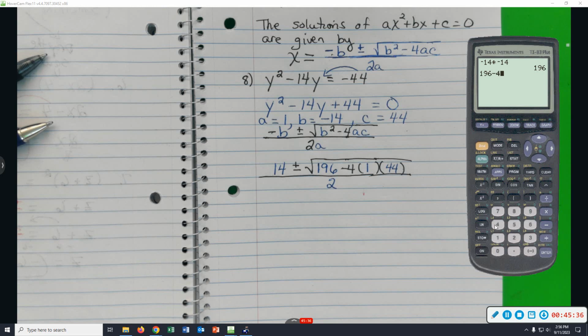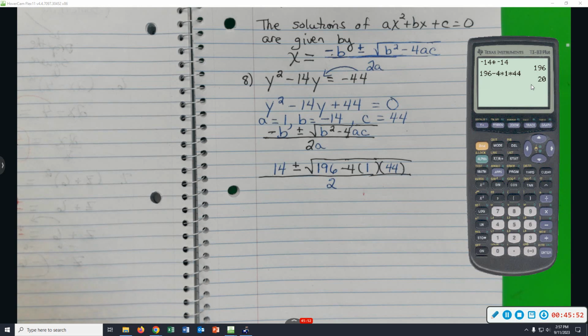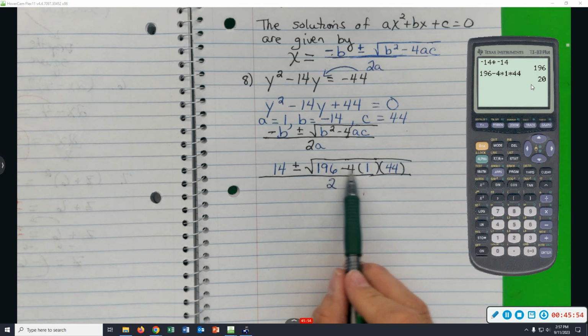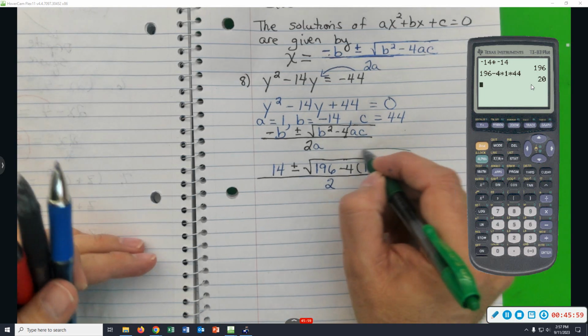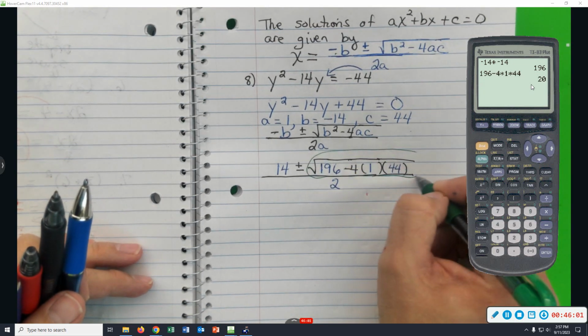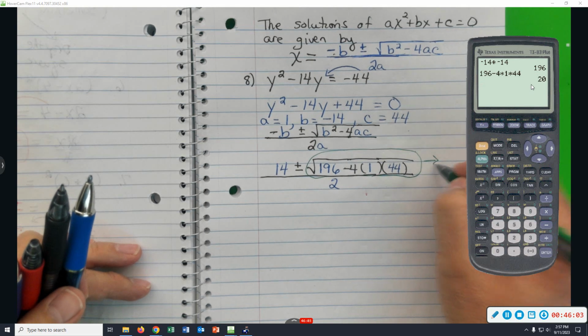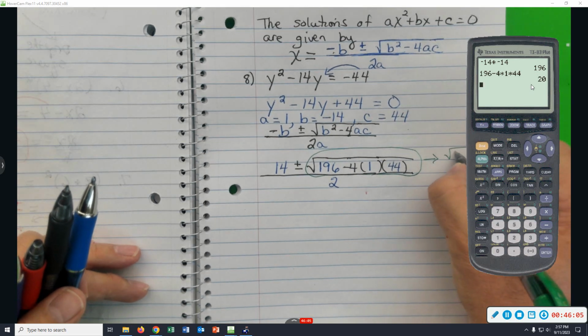I'm using parentheses for multiplication: 4 times 1 times 44. That gives me a 20 under the square root. So all of that simplifies down to the square root of 20.